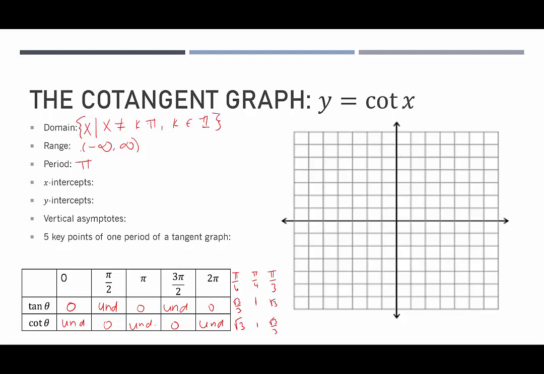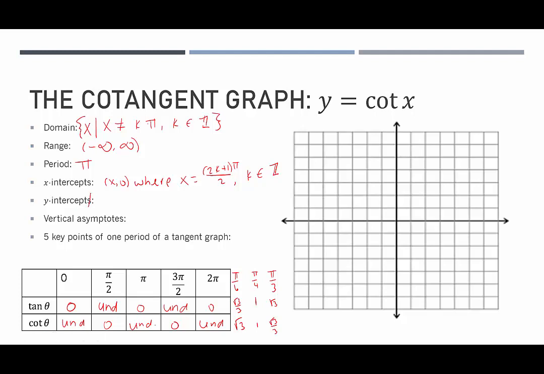X-intercepts are where there are zeros in that cotangent column, so at pi over 2, 3 pi over 2, so we could say x comma 0, where x is equal to 2k plus 1 times pi over 2, and k is an integer. The y-intercept, there's only one, just like last time.